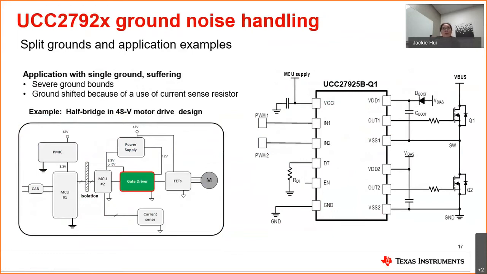Motor drive designs, for example a belt starter generator, can suffer quite a bit of noise and ground bounce, and that can be a problem for a driver because it can affect its normal operation. With this new architecture and the split ground, as I mentioned, the input and output ground has a tolerance of plus or minus 200 volts with less than 10 nanoamps of leakage.